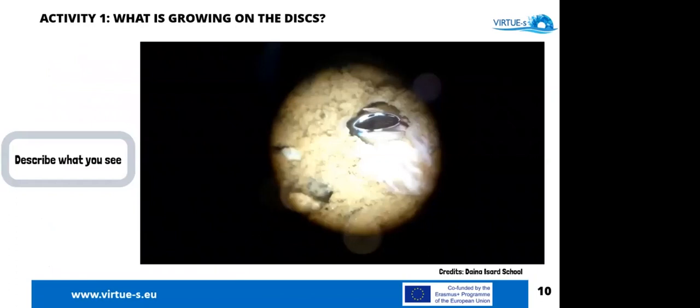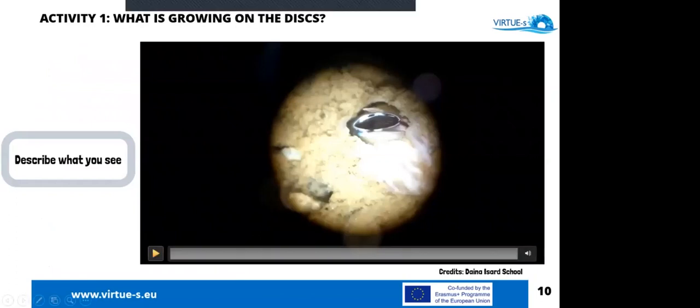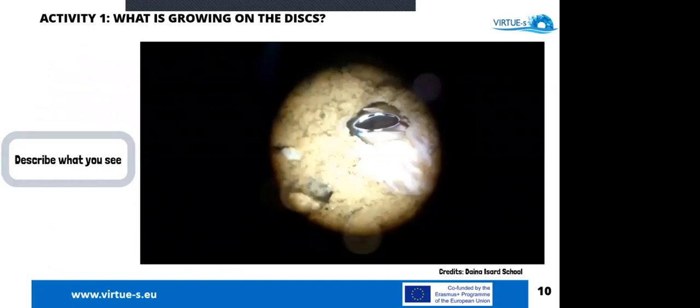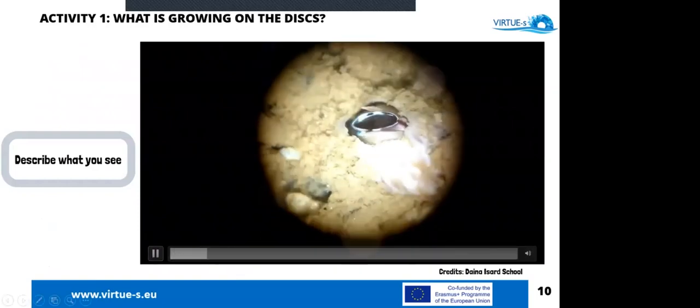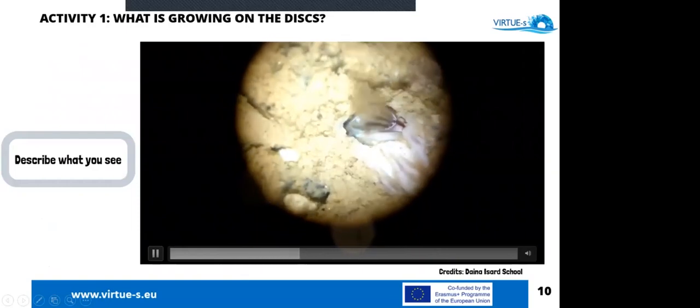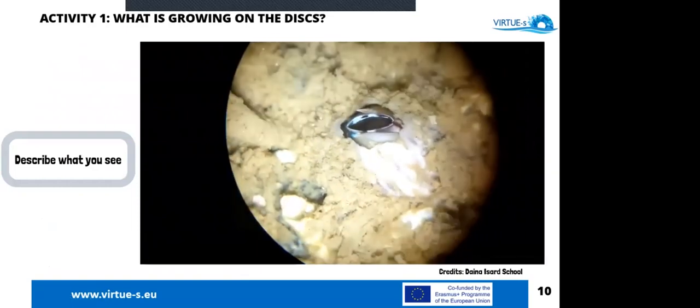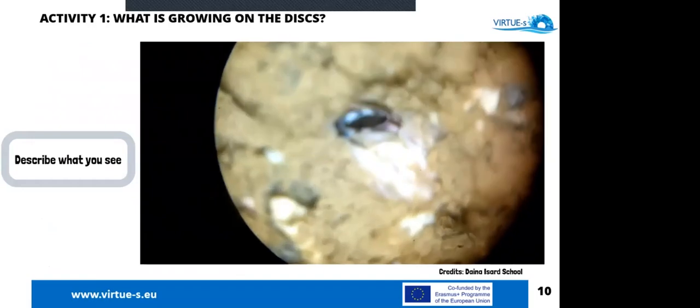And here is an example of a video taken directly by students with a mobile phone of an organism, in this case a barnacle, while they were observing the discs under the lenses of their stereoscope. You can see here the barnacle moving its appendages.